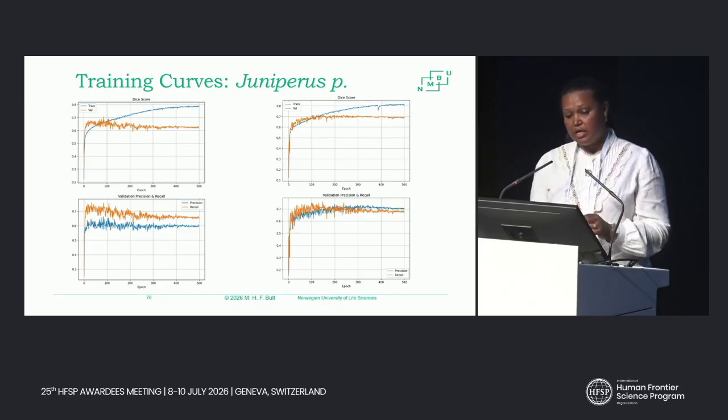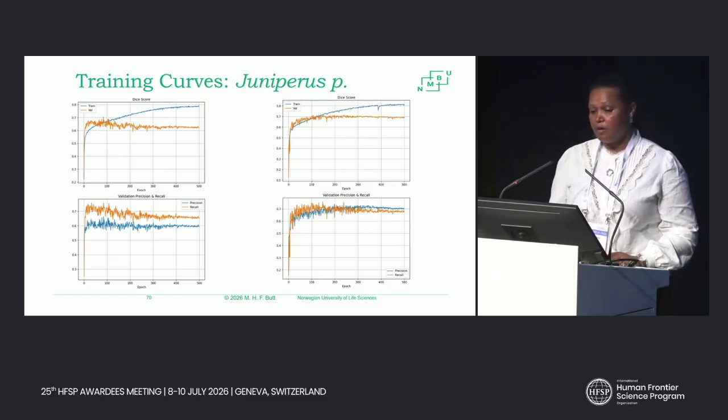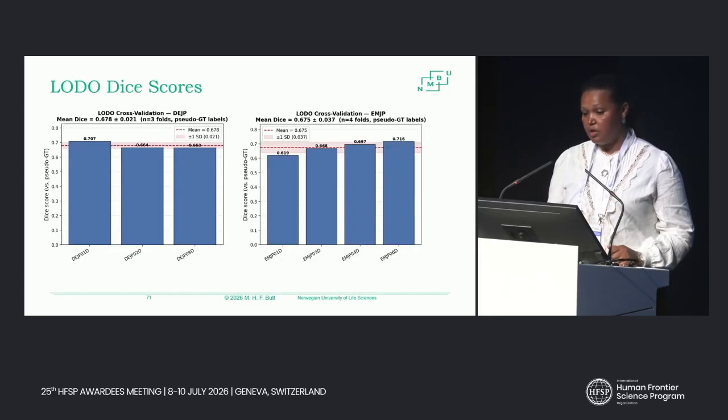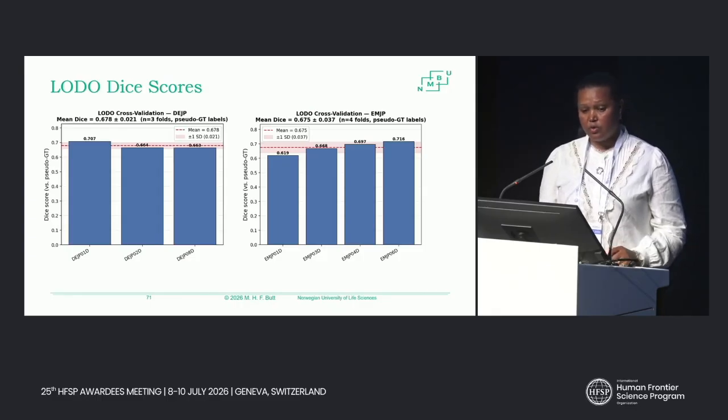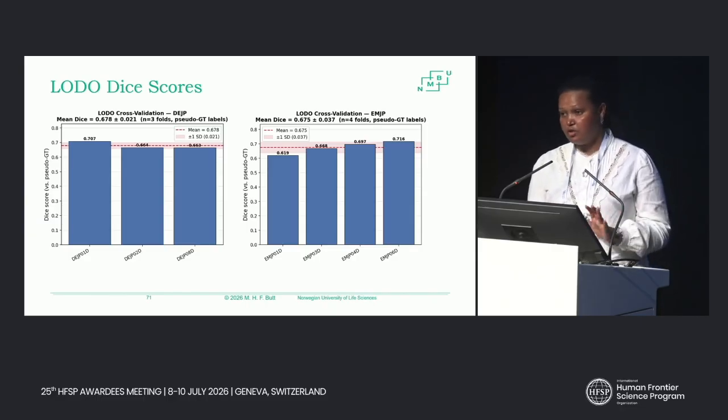Here we could see that the model already improves when we add one sample. So we are optimistic that we will improve our model and the method will work. This is also the DICE score report. It's around 0.7, which, for a preliminary result, is good.